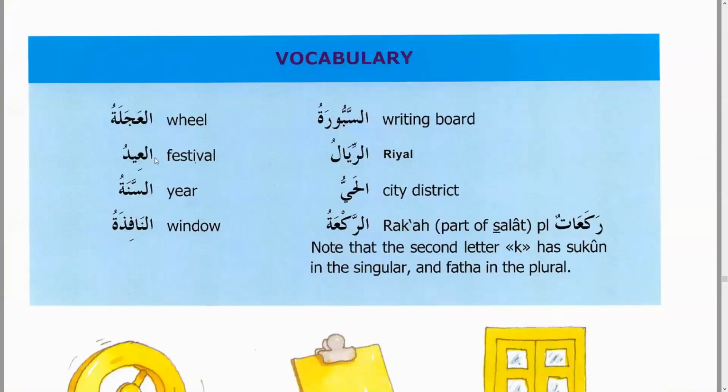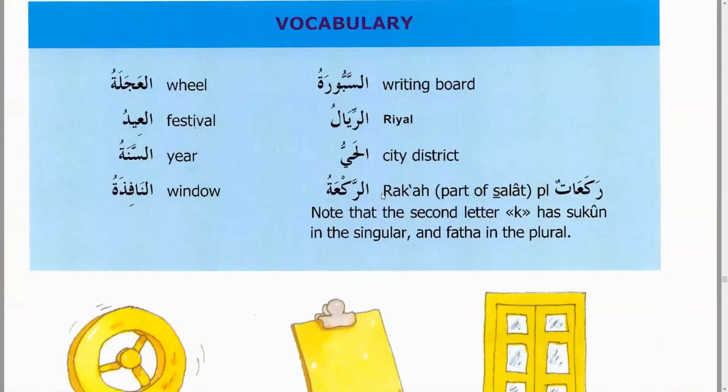Ajala is wheel, Eid is festival, As-sana is year, An-nafida is window, As-sabura is writing board, Al-riyal is riyal, Al-hayyu is a city district, a small city or an area kind of. Al-raka'atu is part of salah. Note that the second letter kaf has sukun in the singular and fatha in the plural.